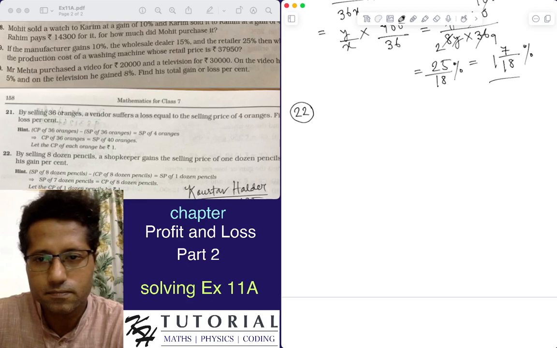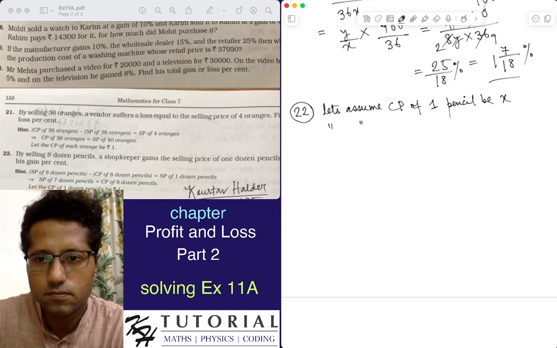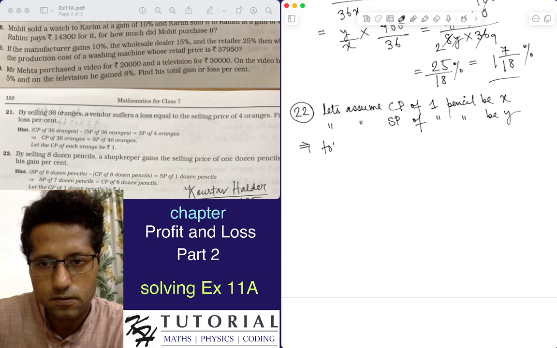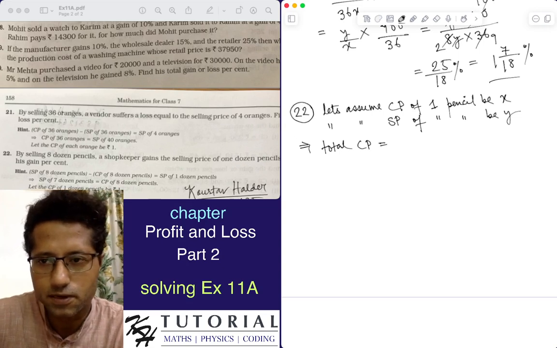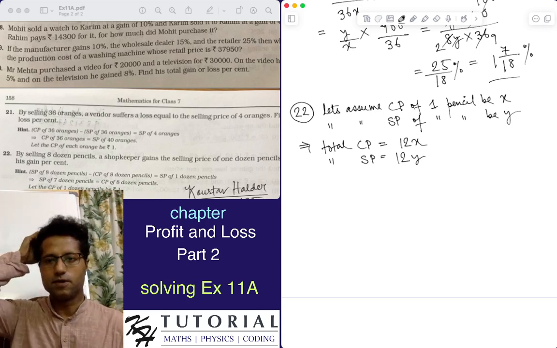So the procedure will be the same. Let's assume cost price of one pencil be X. Also let's assume selling price of one pencil be Y. This implies total cost price, a dozen pencils were sold, so total cost price is 12X, and total selling price should be 12Y, based on the fact that we have assumed X to be the cost price of one pencil and Y to be the selling price of one pencil.